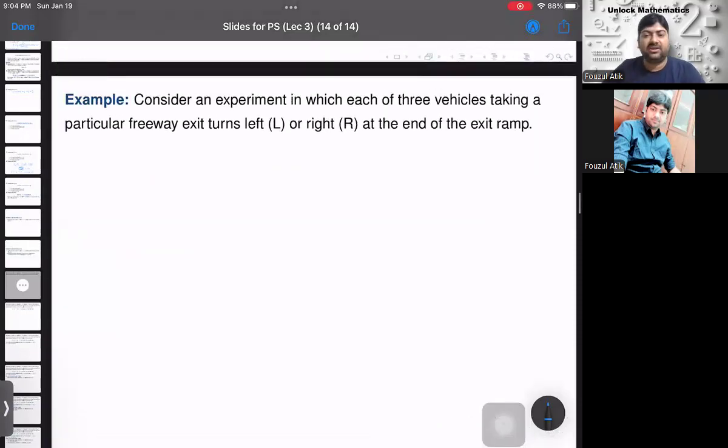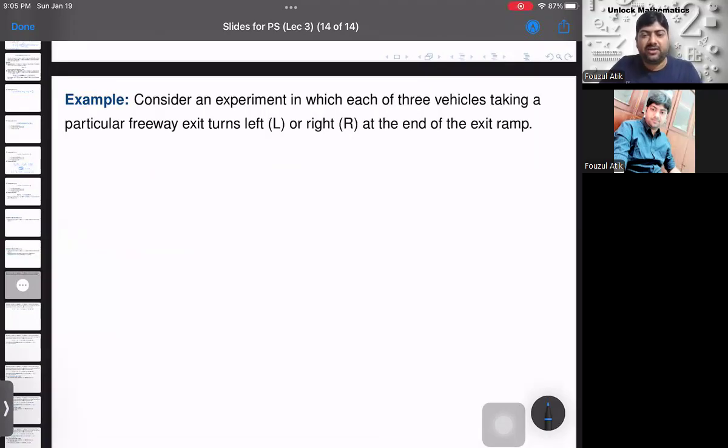Consider an experiment in which each of the three vehicles taking a particular freeway exit turns left or right at the end of the exit ramp. Right? So basically you have three vehicles going on a particular freeway. At the exit ramp, there will be two directions, one is left, one is right. So these vehicles can go either left or right so that they exit this freeway.